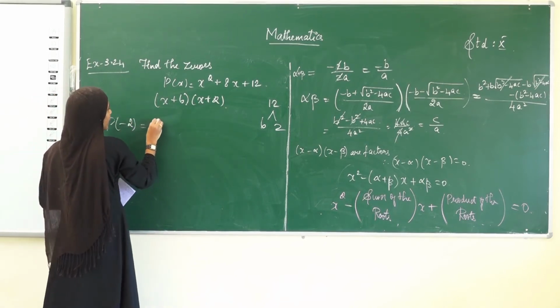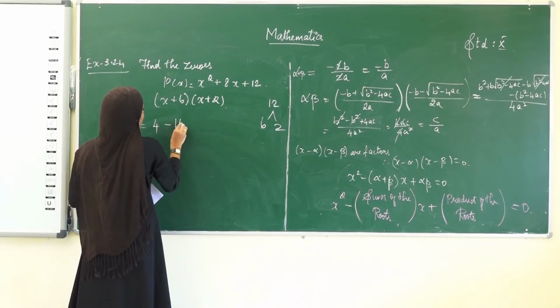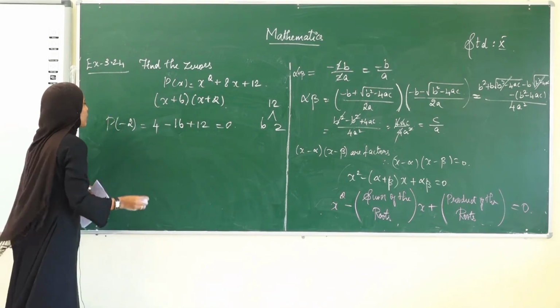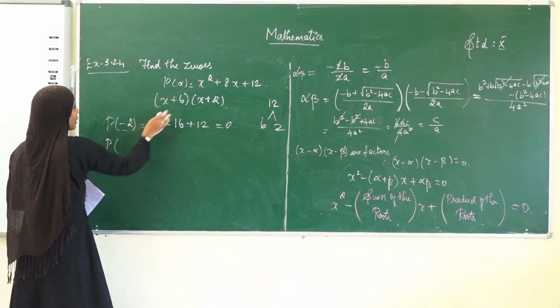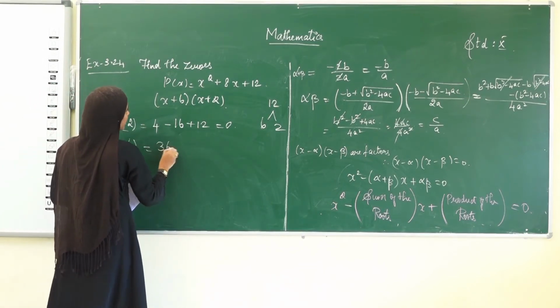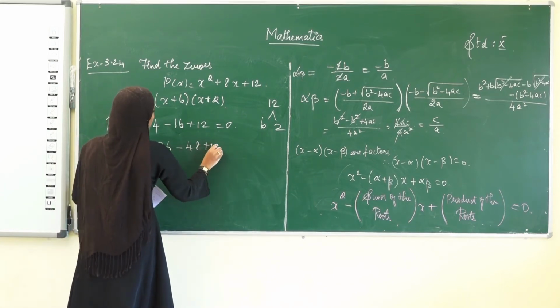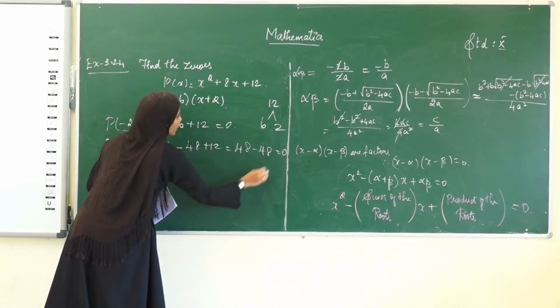What's the value we get? Minus 2 the whole square is 4, plus 8 into minus 2 is minus 16, plus 12, which is equal to 0. Therefore, we can say minus 2 is one of the roots. Let us take the value minus 6. That is, p of minus 6 is 36 minus 48 plus 12, which is equal to 48 minus 48, which is also equal to 0.